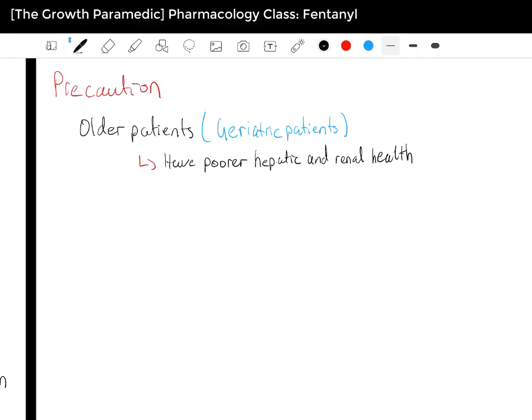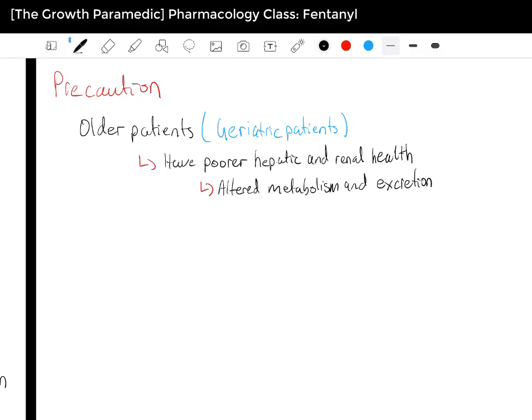And for this reason, they have altered metabolism and excretion. And that's important to note when you're administering medication, because if they have altered metabolism, the way they absorb and remove medications is also altered.